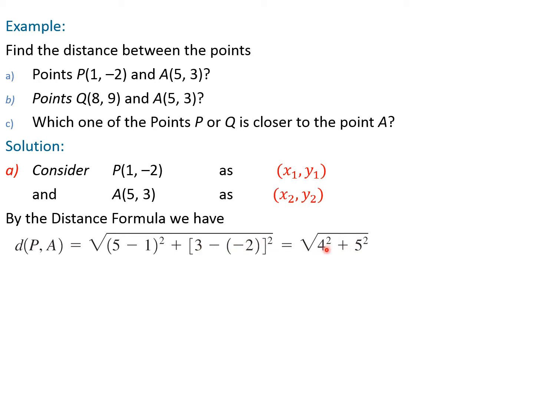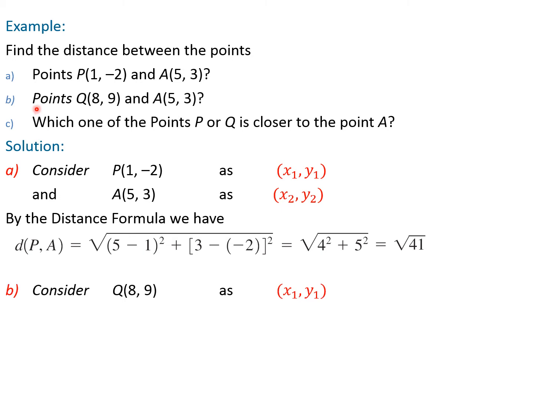Do not add these directly. Many students do what? 4 plus 5 is 9. 9 square is 81. No. First, simplify the squares. 4 square 16, 5 square 25, and then add these two values. So our final answer is root 41.